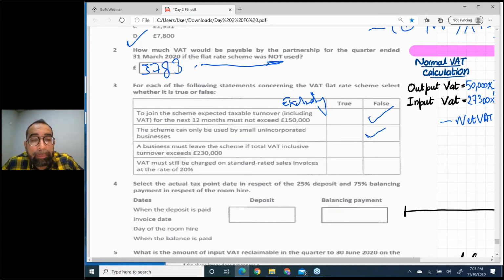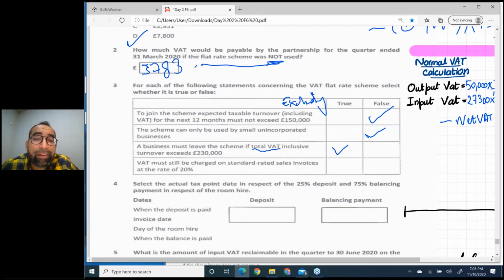Then, a business must leave the scheme if the total VAT inclusive turnover exceeds 230,000. For leaving the scheme, the limit is total VAT inclusive. This is true. I told you when I was teaching you the flat rate scheme that there are two limits, 150 and 230.